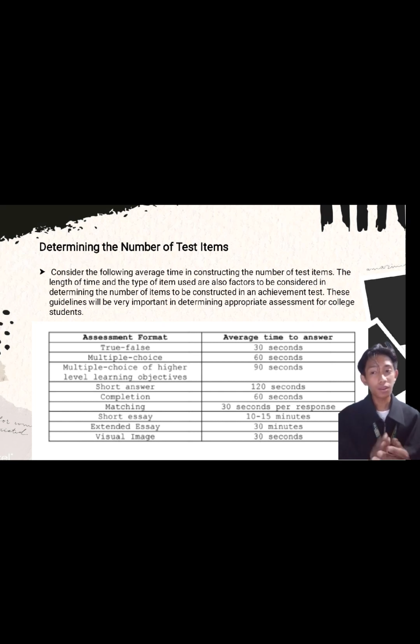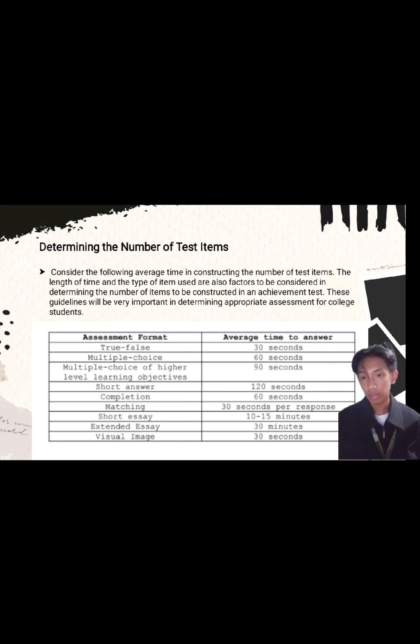So, in true or false, it is intended for only 30 seconds to answer the question. Alright. For the multiple choice, the only given time is 60 seconds or equivalent to 1 minute. Alright. In the multiple choice of higher level learning objectives, will be given 90 seconds.